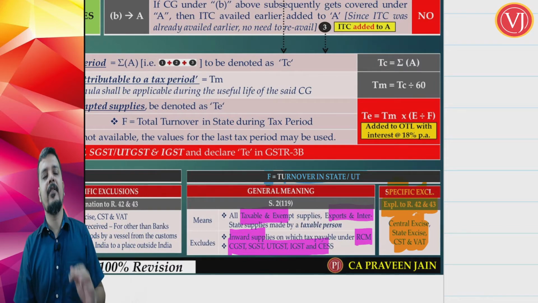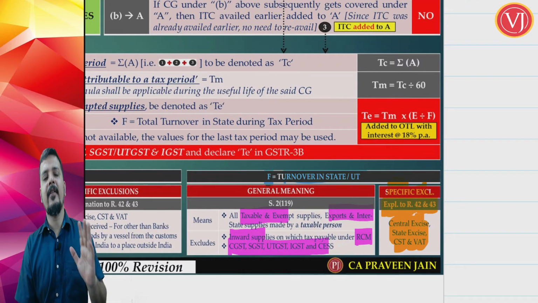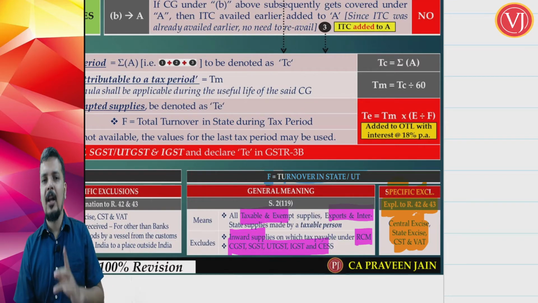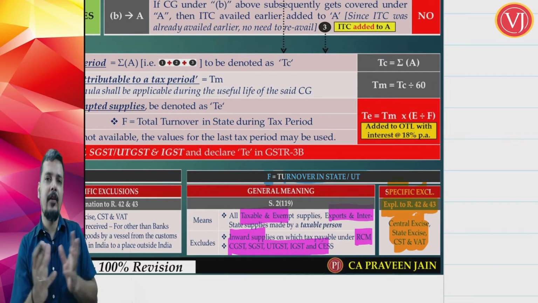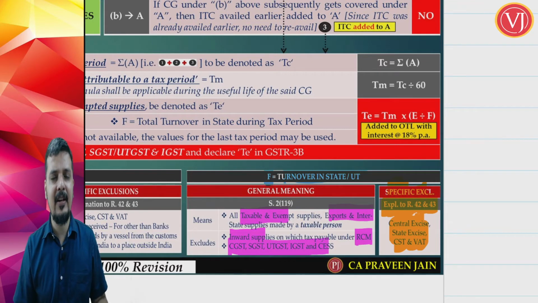Definition of turnover in state or union territory is exactly equal to your aggregate turnover. What is that? It will include the taxable supply, exempt supply, zero rated supply, interstate supply, intrastate supply, everything. It will exclude two things. Inward supply subject to RCM because it is focusing on outward supply. And it will also exclude your GST taxes.